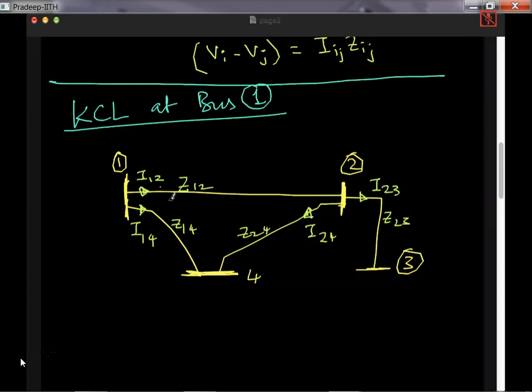Now KCL at bus 1: this current is going out, this current is going out, but you should also remember that there may be a generator or load here.